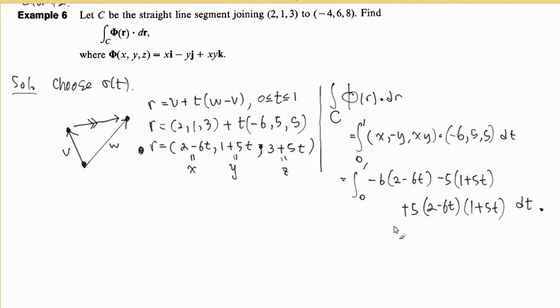So if you do the dot product, -6 times x, here's a 2 minus 6t, and then 5 times xy, where y is 1 plus 5t, and xy is a product of these two things. And you do the calculation. Does that make sense? What was the purpose of this problem?